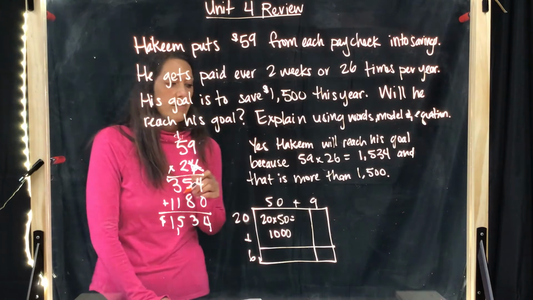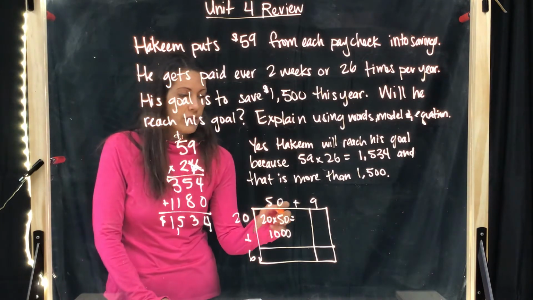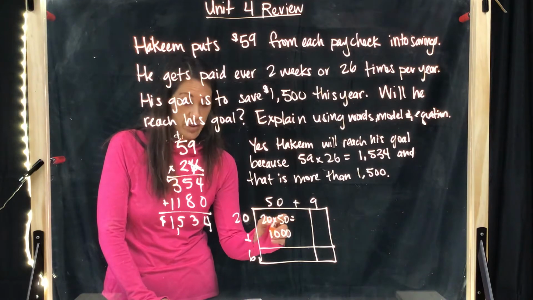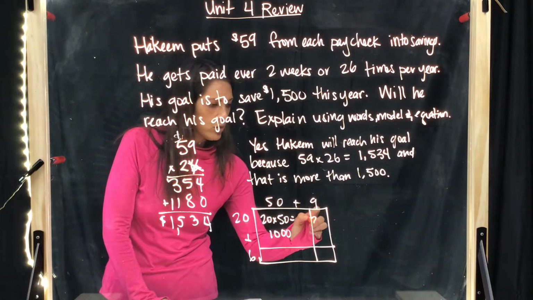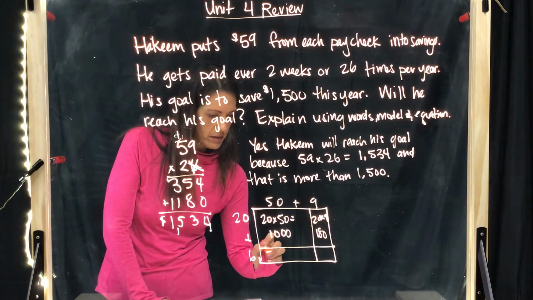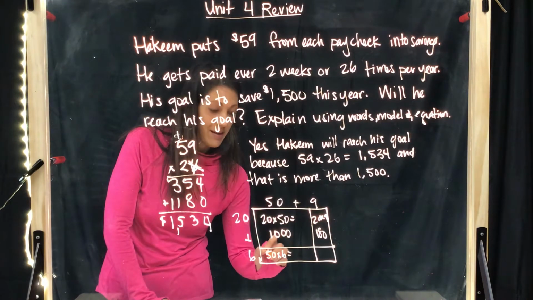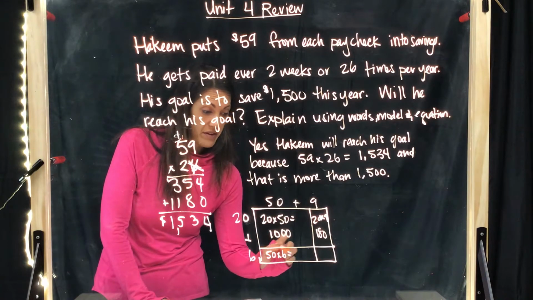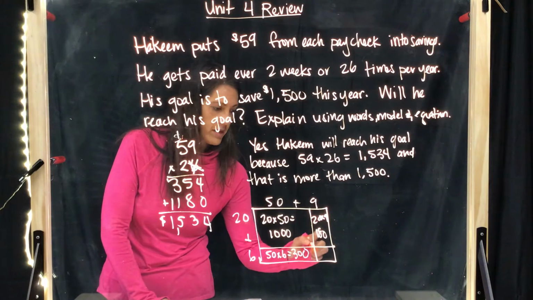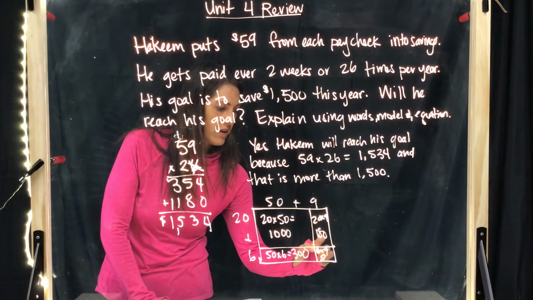Fives are tricky because I know that there's only 2 zeros there, but there's 3 zeros in the product because 5 times 2 is 10, right? This is 20 times 9, and that's 18 plus a 0. This is 50 times 6. Again, don't get tricked with that 5. 5 times 6 is 30. There's a 0 already in the product. Then I add that other 0, that's 300.